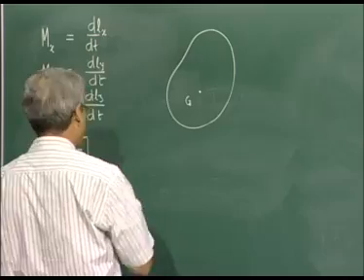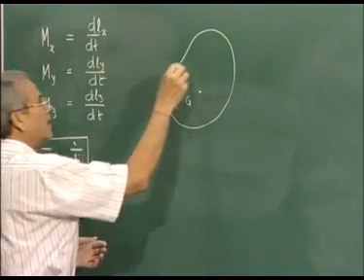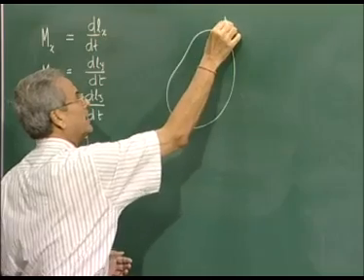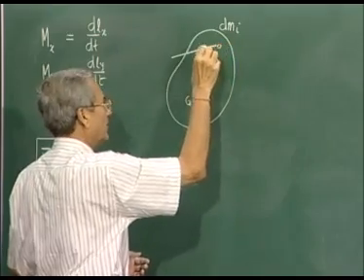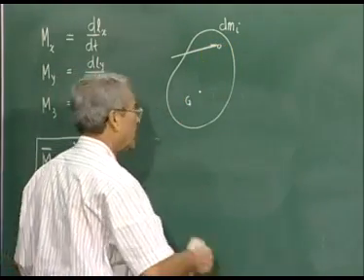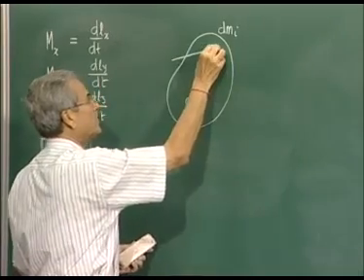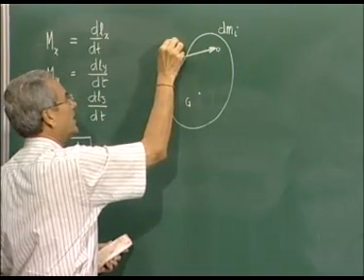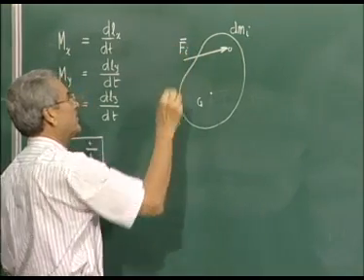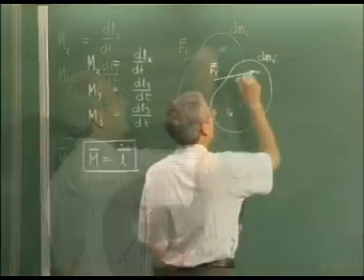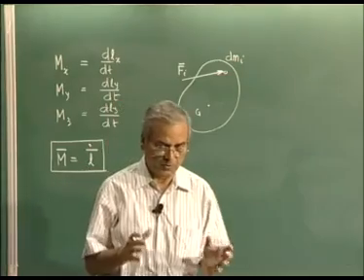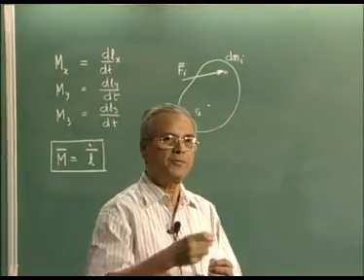So, this is the center of mass. Say the ith particle with a mass dm, the external force which is acting on this ith particle is Fi, and this particle is subjected to, apart from this external force, an interactive force with other particles.